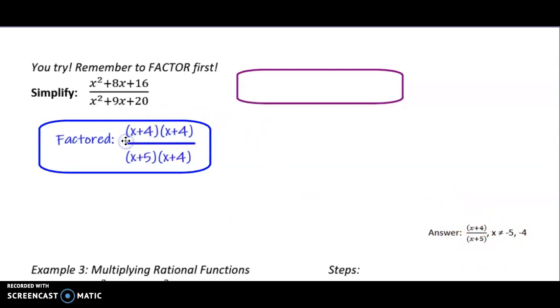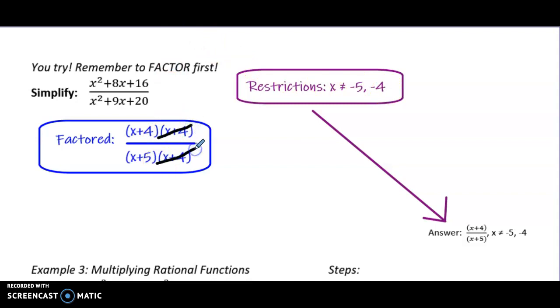So when you factor, you end up with x plus 4 times x plus 4 in the numerator, x plus 5 times x plus 4 in the denominator. When you do your restrictions on the denominator, you would get -5 and -4. And once you cancel out your like terms, you do get x plus 4 over x plus 5, where x does not equal -5 or -4.